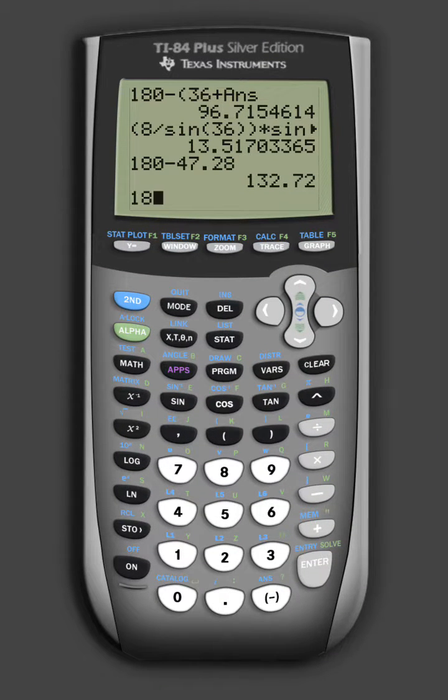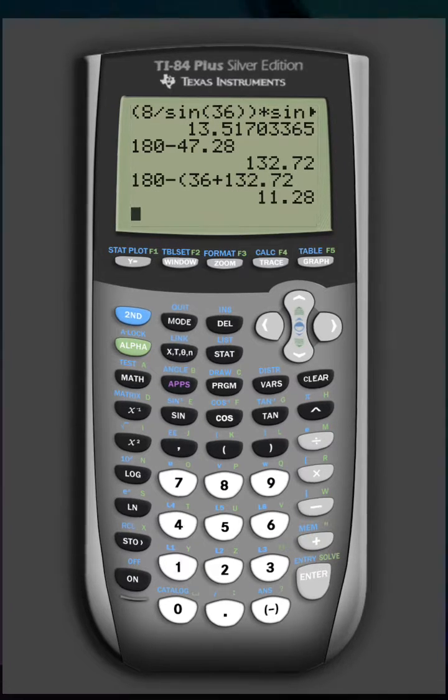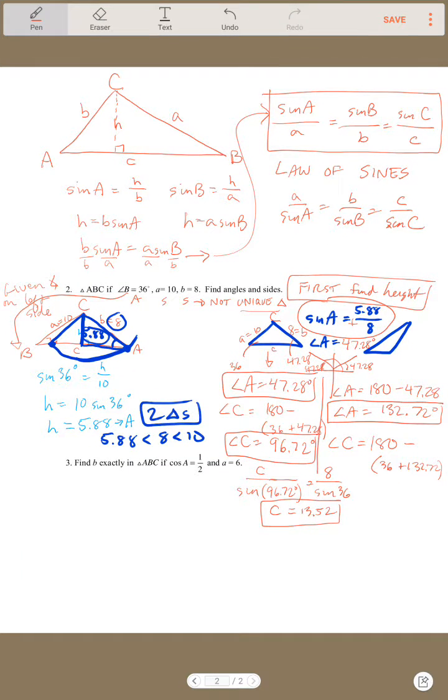We're going to do 180 minus 36 plus 132.72. So 11.28 degrees will be our angle C. Wow, pretty small angle, which makes sense. Look at how small this angle is right there. So angle C is 11.28 degrees.